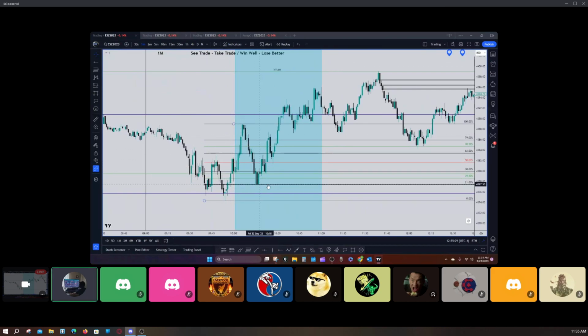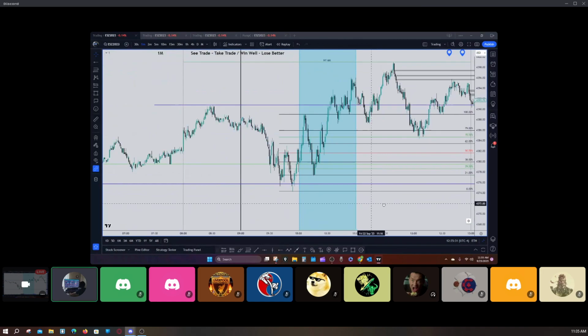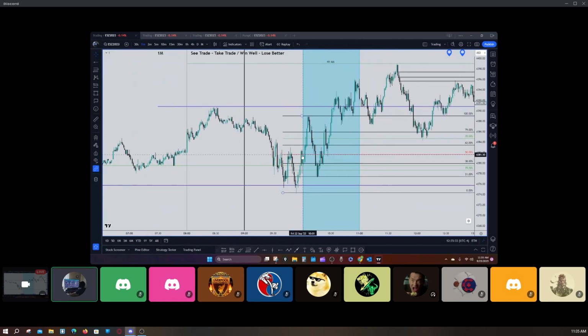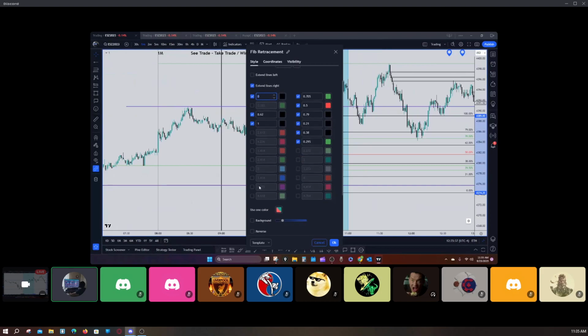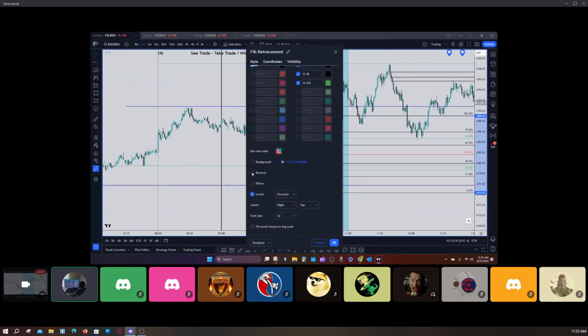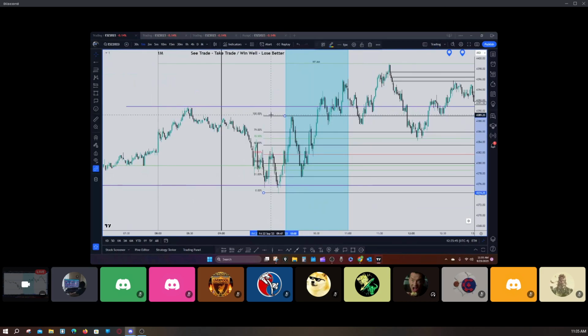So, using the fib, I'm sure most of y'all know how the numbers work on the fib. I'll go ahead and cover that real quick because there's people in here that maybe don't, and how this can be something you can use. These levels, I don't know who came up with them.